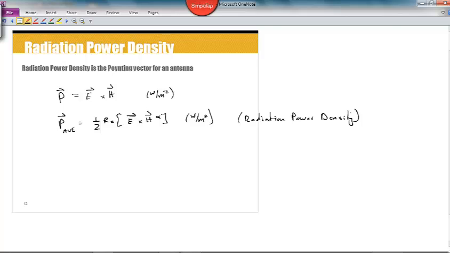Since the Poynting vector gives us a power density, we can calculate the total power radiated by an antenna. Let me step back for a second. Remember that this is P average of r, theta, phi. It's telling us the power at a particular point in space due to an electromagnetic wave.